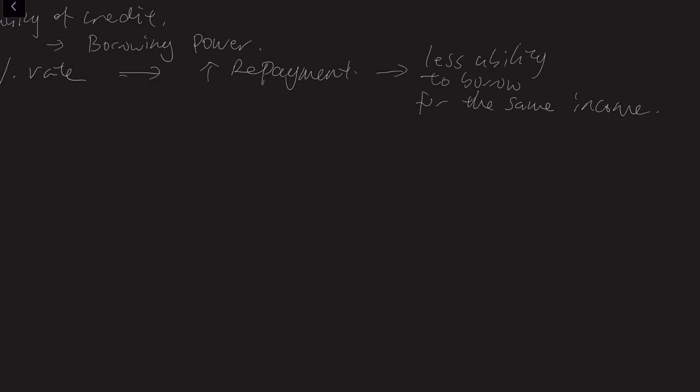So when the interest rate is 5%, you pay $50,000 in interest every year. But now when it's 7%, you need to pay $70,000.